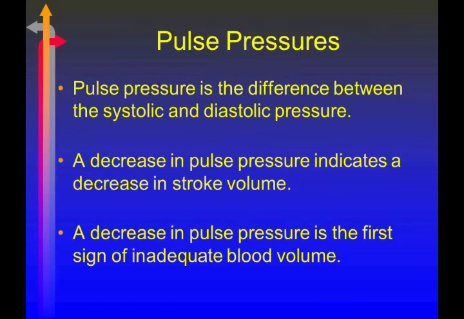Pulse pressure is the difference between the systolic and the diastolic. Usually a reduction in pulse pressure is indicative of a reduction in stroke volume. That's basically one of our first signs telling us that we have inadequate blood volume, so a reduction in preload.